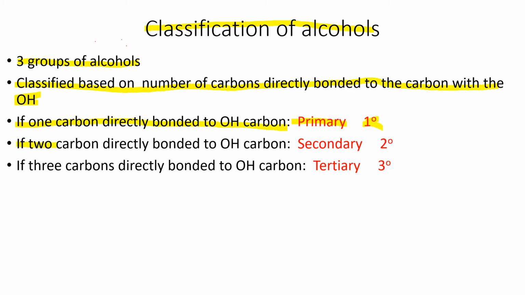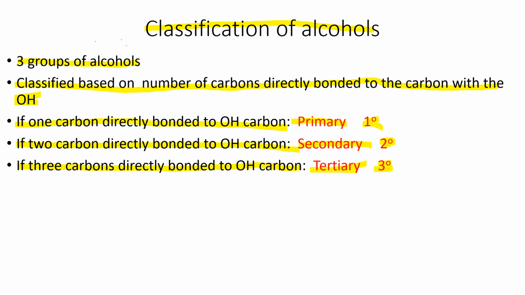You have 2 carbons directly bonded to the OH, we end up with a secondary alcohol, sometimes symbolized with a 2 and the degree symbol, kind of second order. If 3 carbons are directly bonded to the OH carbon, we get what's called a tertiary alcohol that has the 3 with the degree symbol.